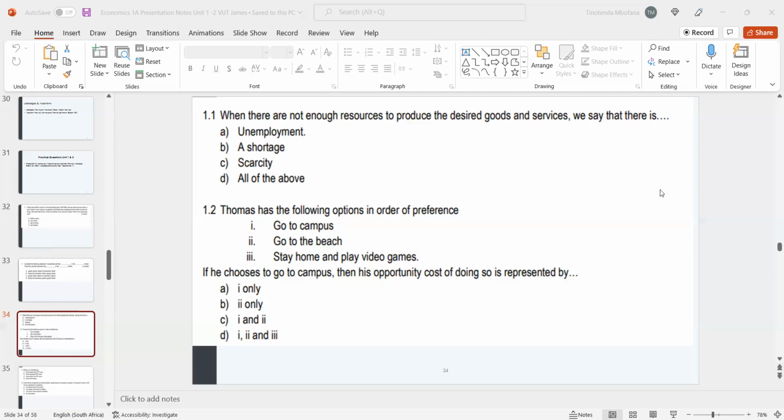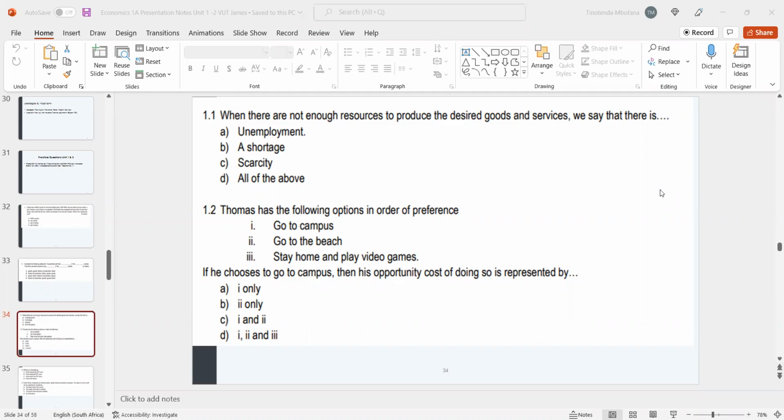Right? 1.2 says here, Thomas has the following options in order of preference. Thomas can either go to the campus, go to the beach, or stay at home and play video games. If he chooses to go to the campus, then the opportunity cost is represented by what? Remember, next best alternative foregone.